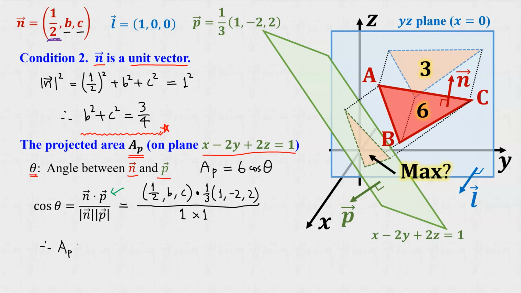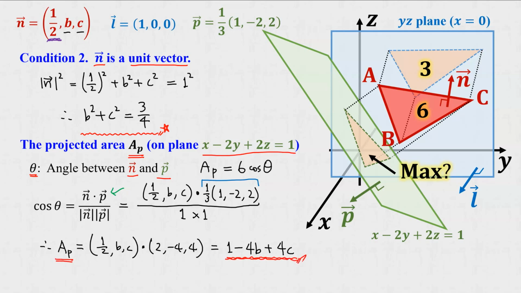Therefore, AP, which equals 6 cosine theta, is expressed as, if we multiply 6 on this second vector, we have (1/2, b, c) dot now (2, -4, 4), which gives 1 minus 4b plus 4c. So we have obtained this expression for AP.